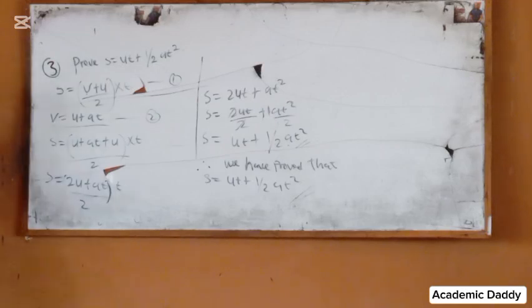But what we need now is to prove that S is equal to UT plus half AT square. So who else is going? Come. You derived it, but you were not able to prove to us that S is equal to what it is supposed to be, with the left hand side equal to the right hand side.